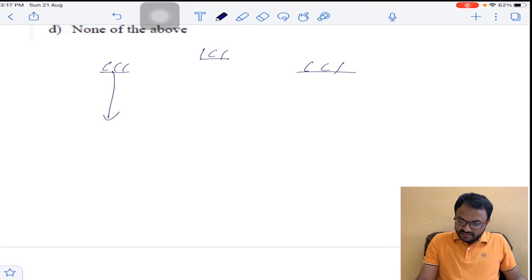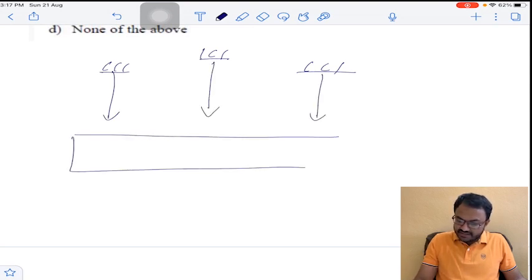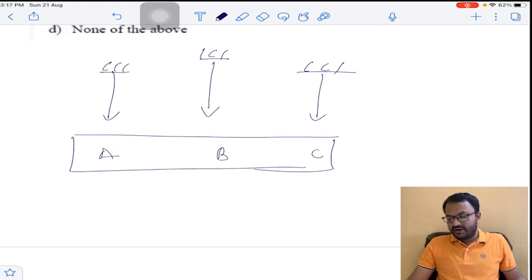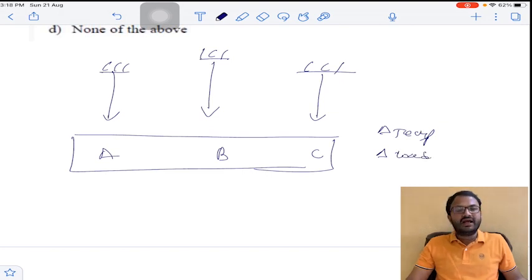So I am just drawing a free body diagram. If it has to stay horizontal, this is A, this is B, this is C. Whenever it has to be horizontal, there are 2 types of deflections: deflection because of temperature and deflection because of load. These 2 should be equal in steel as well as in bronze. When the deflection is equal in both the materials, only then will the beam be horizontal.